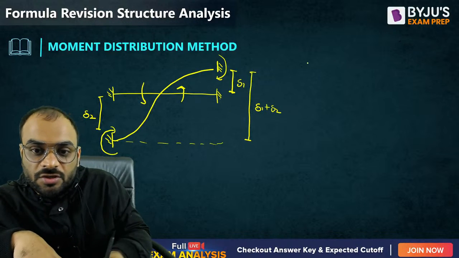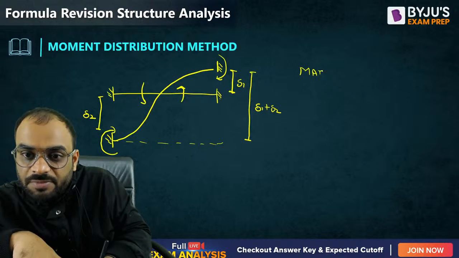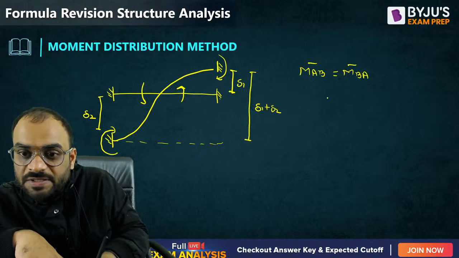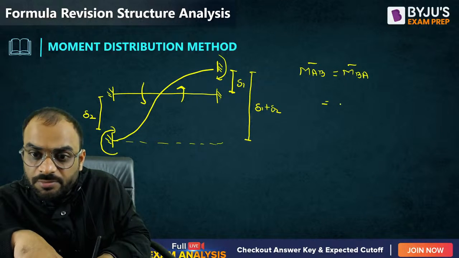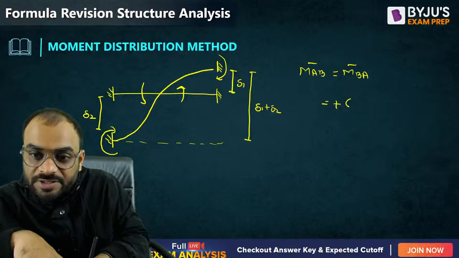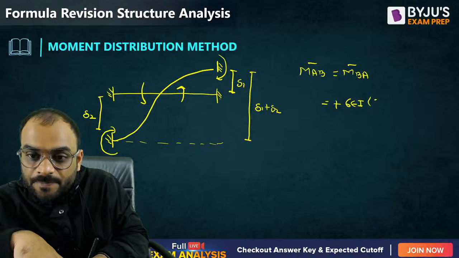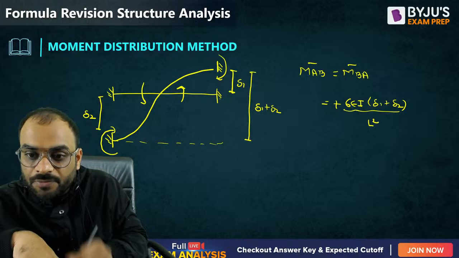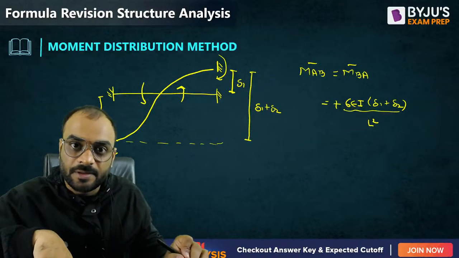Getting a point? So the values of MAB bar and MBA bar will be the same and both are positive in nature because it is clockwise. And how much is it? 6 EI (delta 1 plus delta 2) divided by L square. This will be your formula. Getting a point or not?